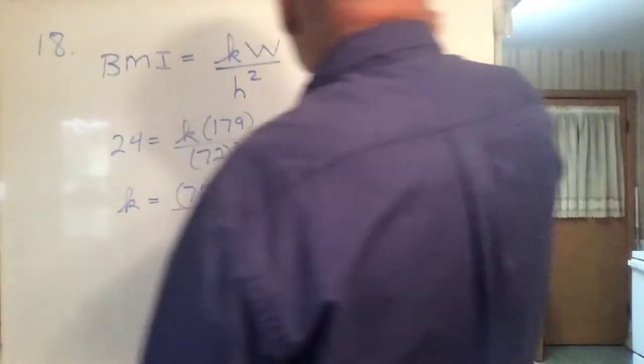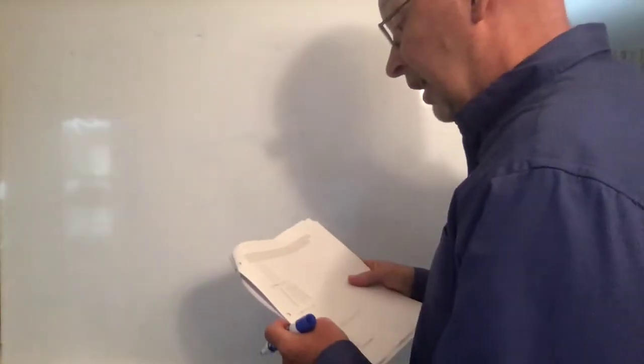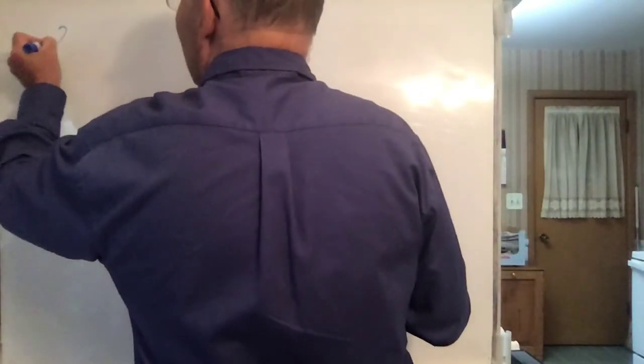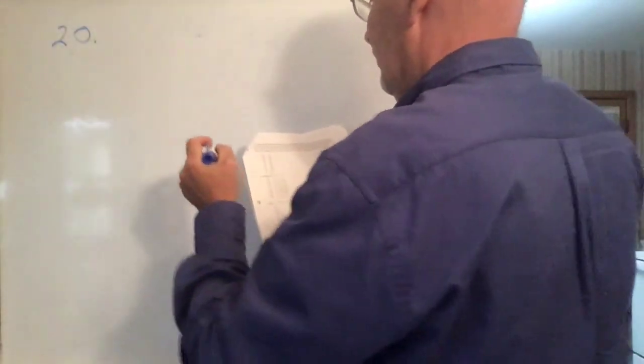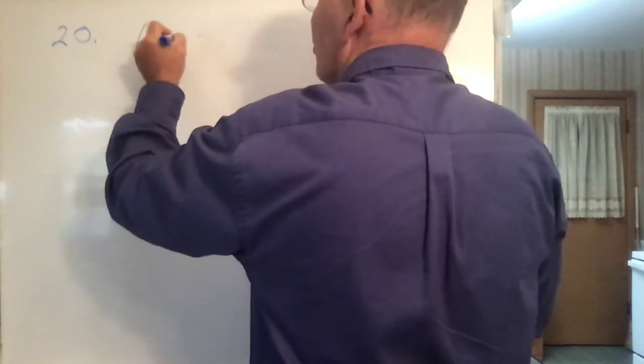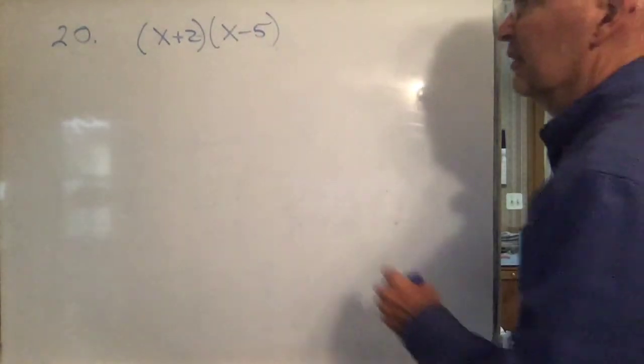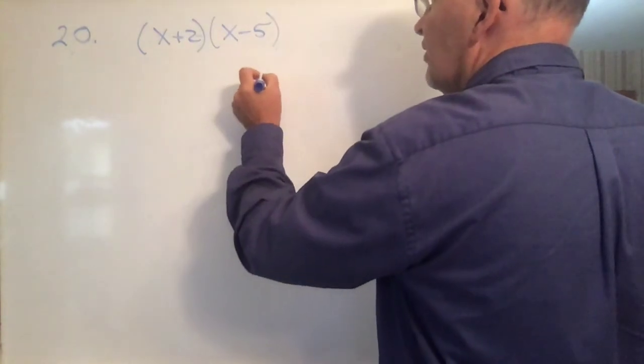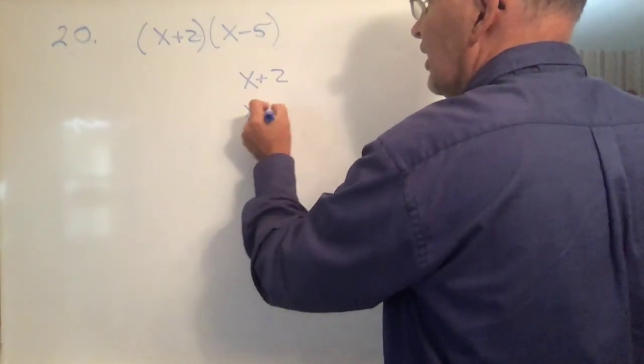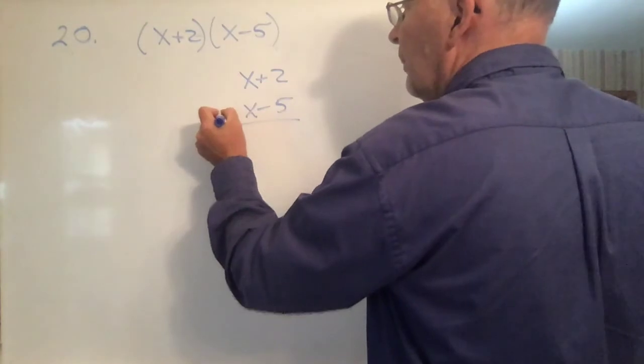Get out of all these numbers here. Number 20. 20 says, if we were to multiply x plus 2 times x minus 5, what would we get? Oh, wow, these are easier now. Here's the way I like to do it. I just take x plus 2, and here's x minus 5, and I just multiply them together.